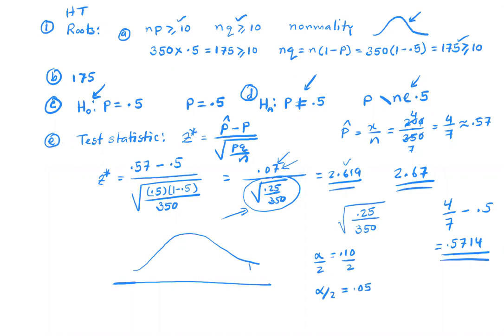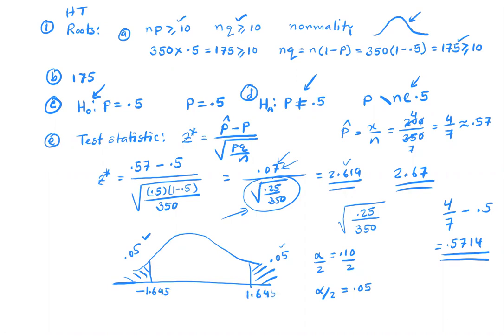So on the right-hand side, the area must be 0.05. And on the left-hand side, the area must be 0.05. And if you look it up on the standard normal distribution table, this should be negative 1.645. And this should be 1.645.